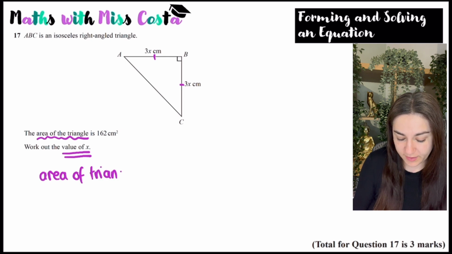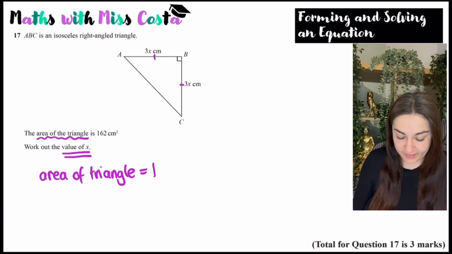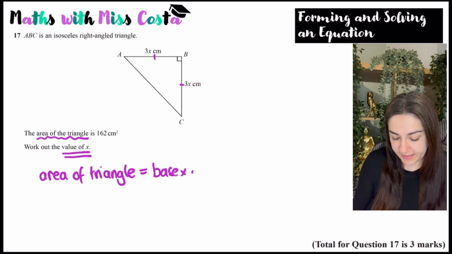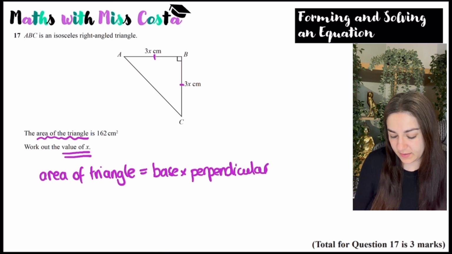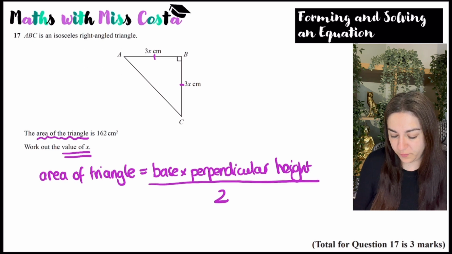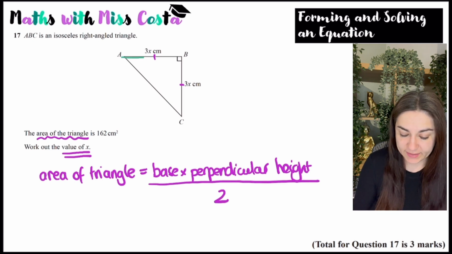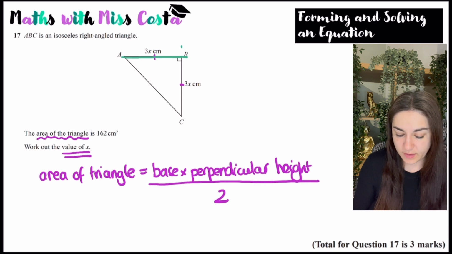Well, it honestly depends on what your former knowledge is, but let's just go with the area of a triangle. So you always try and think to yourself, what knowledge do I know? Well, I know that the area of a triangle is base times by the perpendicular height divided by 2. So often, as long as there's a right angle, they're the two heights that you're going to use.